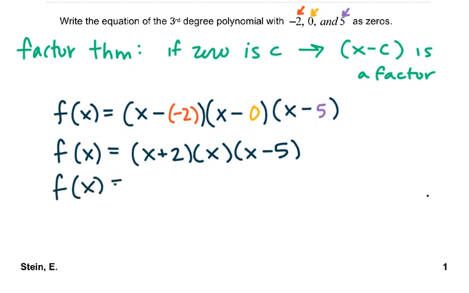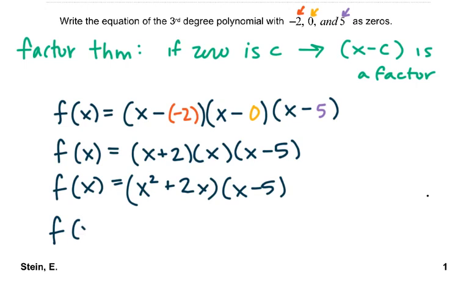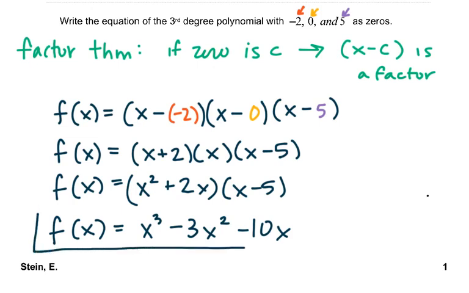And continuing to FOIL, I could end up with x squared plus 2x times x minus 5. And I have x cubed plus 2x squared minus 5x squared. So that would be minus 3x squared minus 10x.